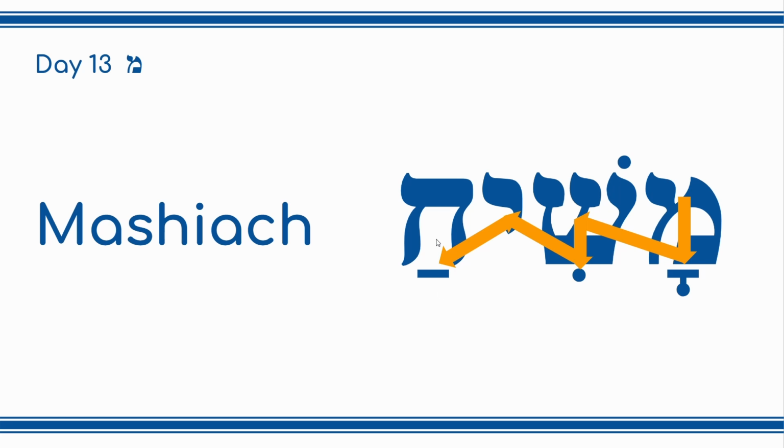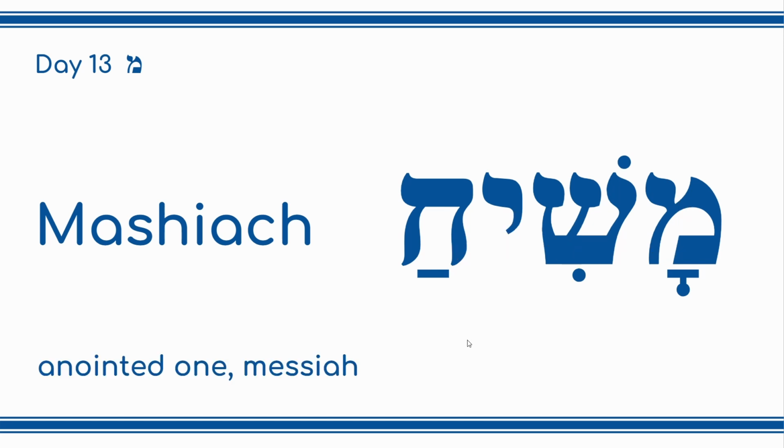So you have ma, shi, ach, Mashiach, and that's the word. This word means anointed one or Messiah. It literally means anointed one, but it can also refer to a person, like the Messiah.